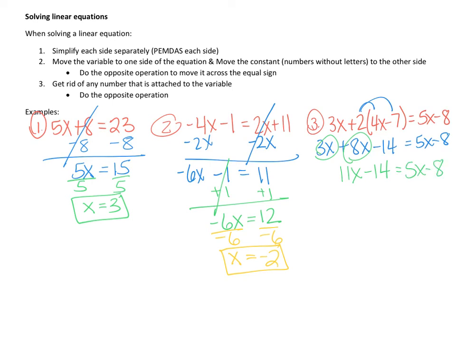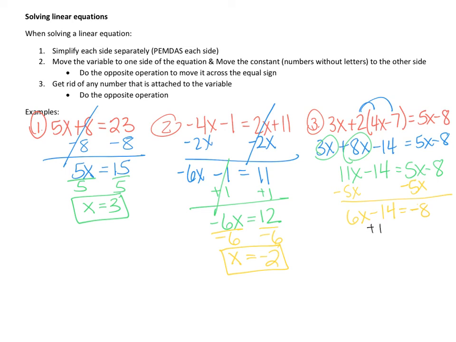Now it looks like the problem that we just did, where I've got variables on both sides. So again, I'm going to move my letters to the left. Your choice what you want to do. So I'm going to subtract that 5x. So I'll be left with 6x minus 14 equals negative 8. Now the last thing I need to do, I need to get rid of that 14.